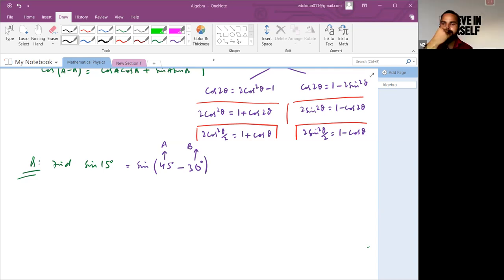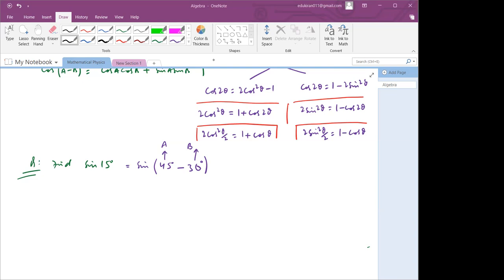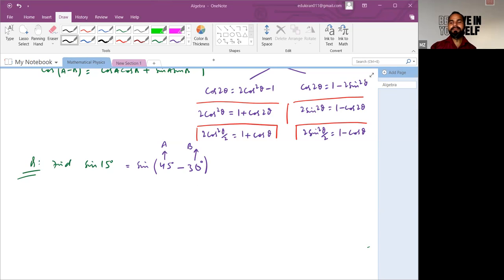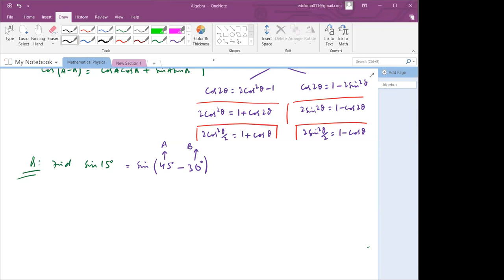Good, Samira. Sir, I sent. Put their values and simplify it. Okay, okay, sir. Wait.